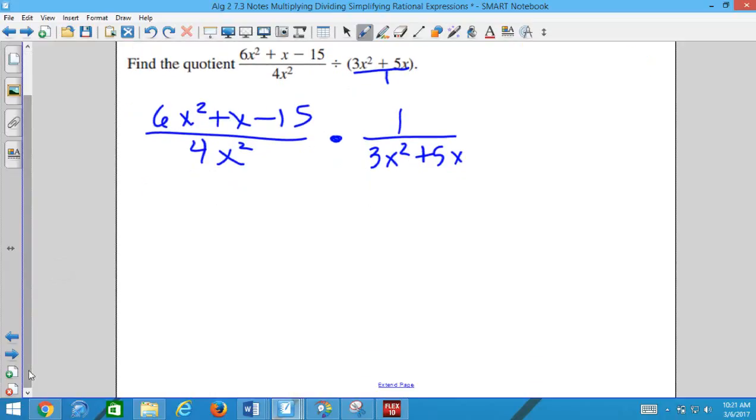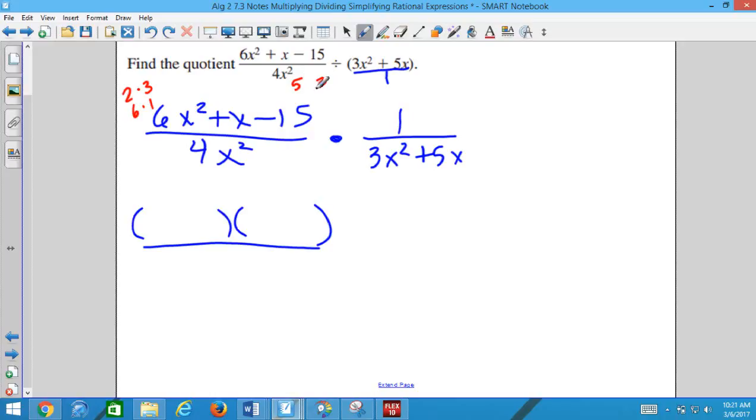I would suggest you go to factor this first one and you look at it and say, all right, that's going to be guess and check. But what multiplies together to give me 6x squared? 2 and 3 or 6 and 1. There's a few options here. What multiplies together to give me negative 15? 5 and 3 or 1 and 15, but one of them has to be negative and one has to be positive.